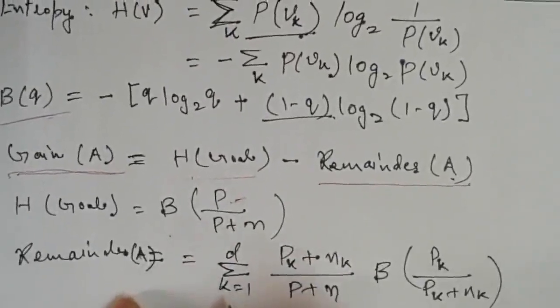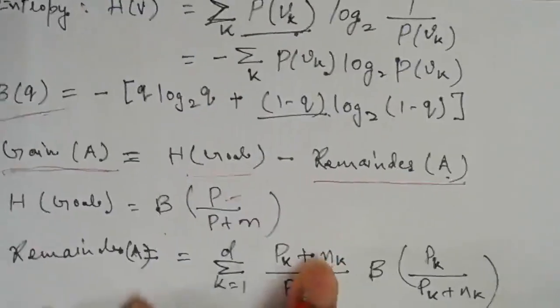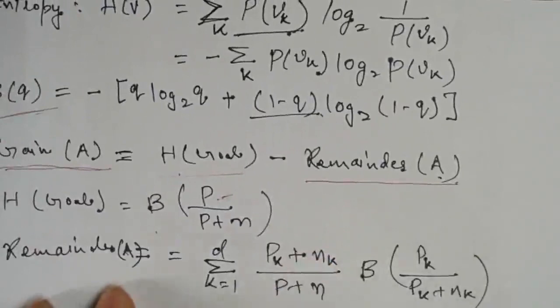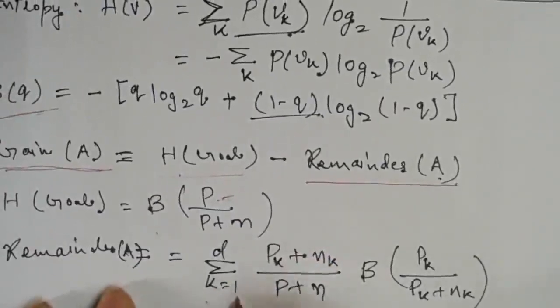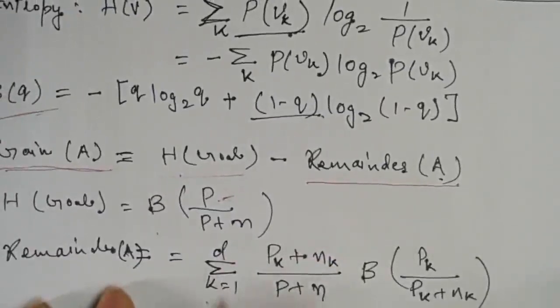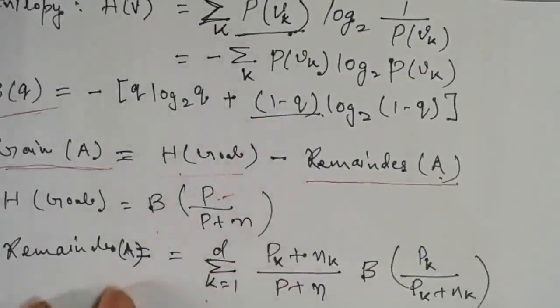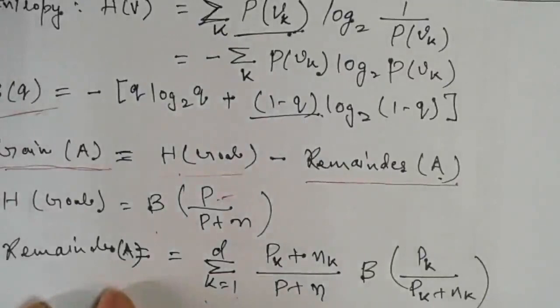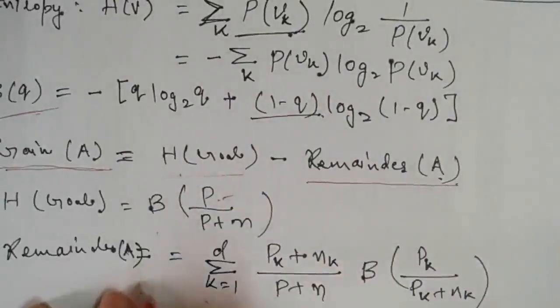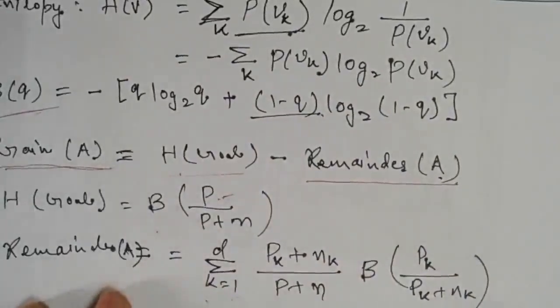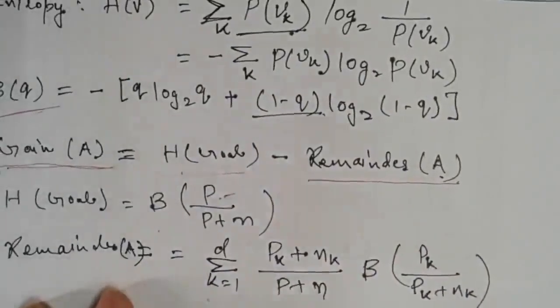Now try to understand this, this is important. The remainder is the sum from k equal to 1 to d. What is d? Suppose we have decided on a particular attribute A, and A can take d values.